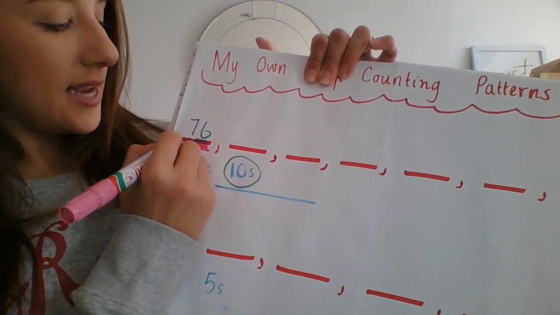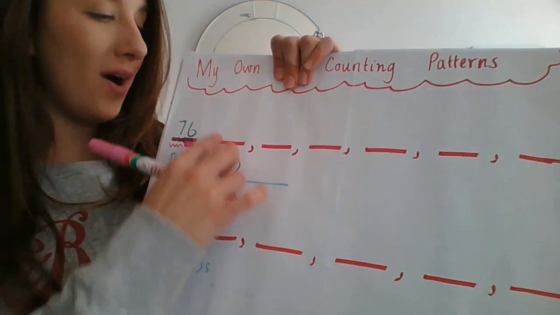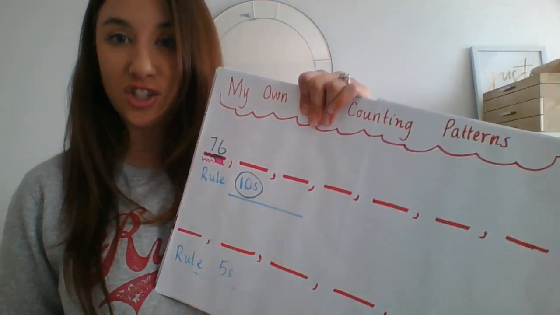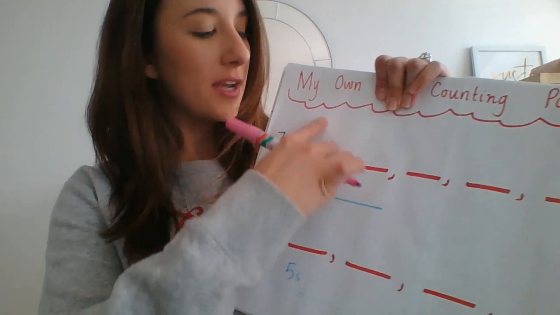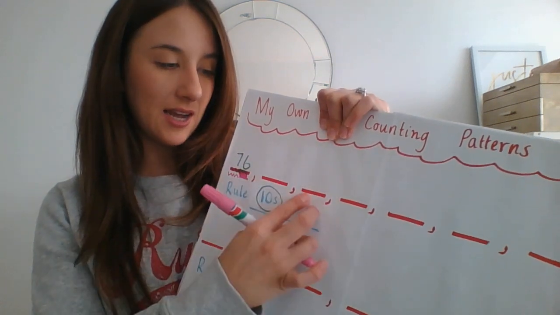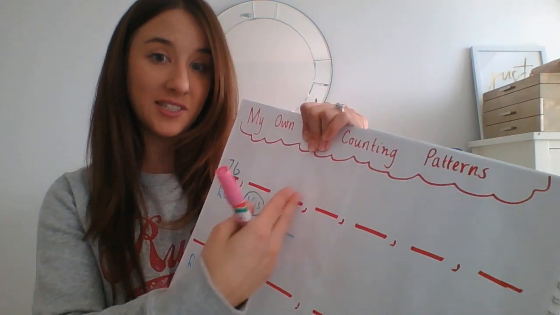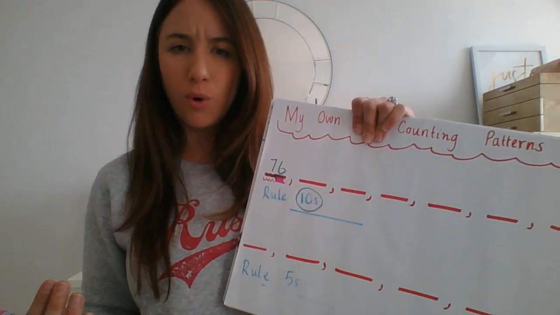But the tens column will change, and it will get bigger by 1 each time. Okay? So if I know that, I might be confident to have a go at counting my skip counting pattern and placing the numbers down, but I just want to be sure.